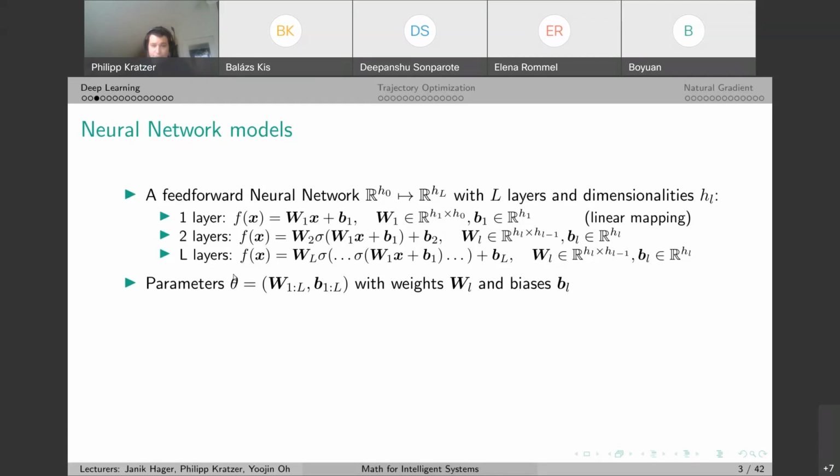Remember, these are what we want to learn. By changing these parameters, we change the function and the output of the function in the end.